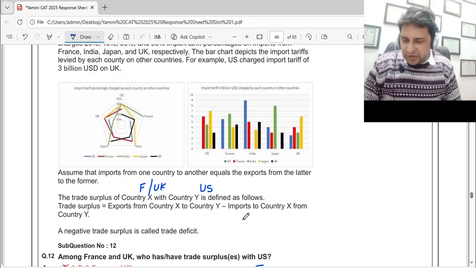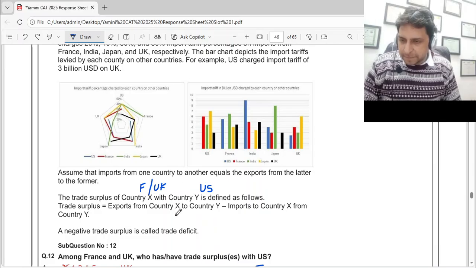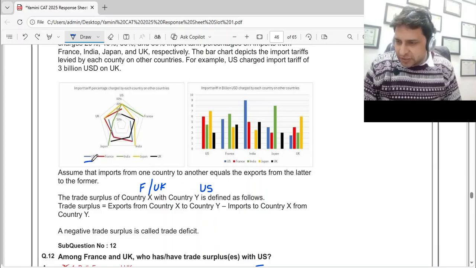So in the case of France, let's write straight away the numbers. Importing is done by US, so US is here. From France, this is here.